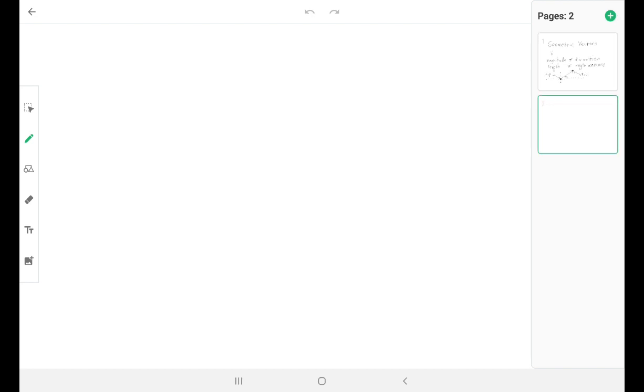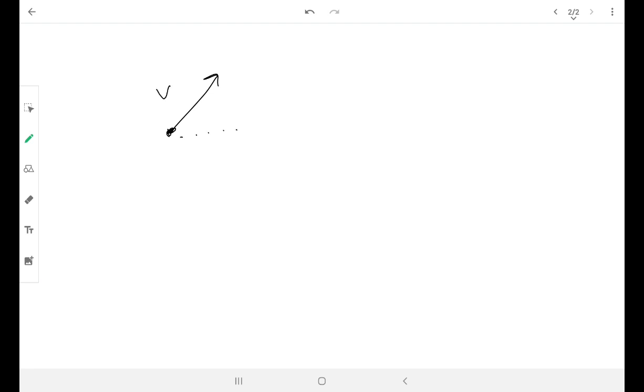So that's some language that I'm going to be using to help you out here. Let me go to a new board. And let's make up a vector. Let's say it's that long, starts there. Let's call it vector V. And there's its rotation. And let's say we measure it, and it looks about an inch long. Let's say it's 1 inch long.